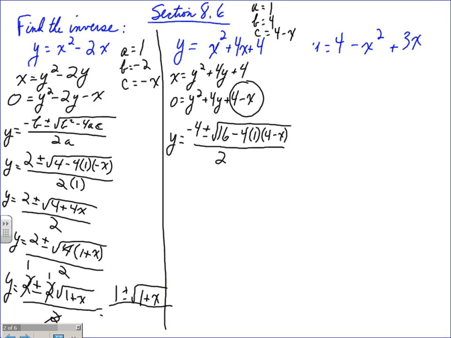Okay. Now let's figure out our discriminant. All right, I've got 16. Negative 4 times 1 is negative 4. Negative 4 times 4 is negative 16. And negative 4 times negative x is a positive 4x. All over 2.